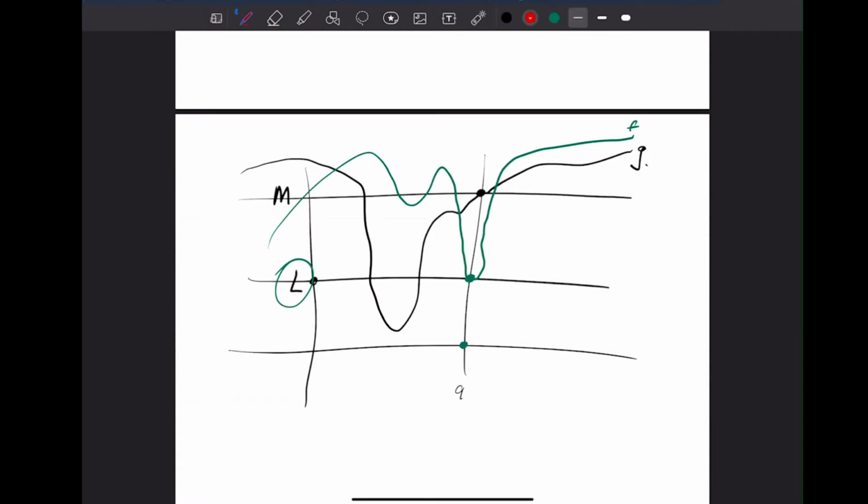And similarly, again, let us cut this interval in half. We do the same thing for g.